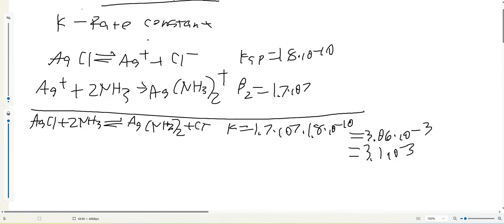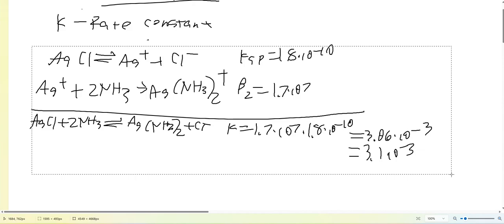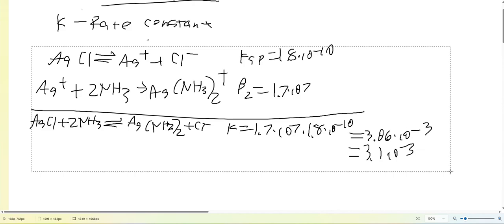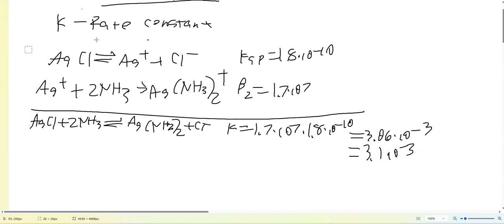So now, we can move on to something that I personally love, called Le Chatelier's principle, except that I forgot that I need to actually teach you guys. So, again, if you add reactions, you multiply the K values. If you double the reaction, you square the K value, right?